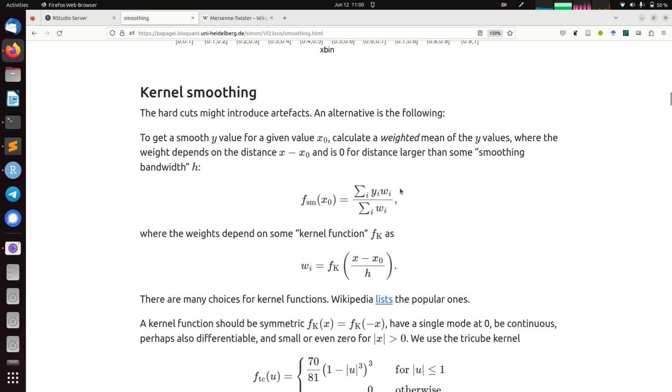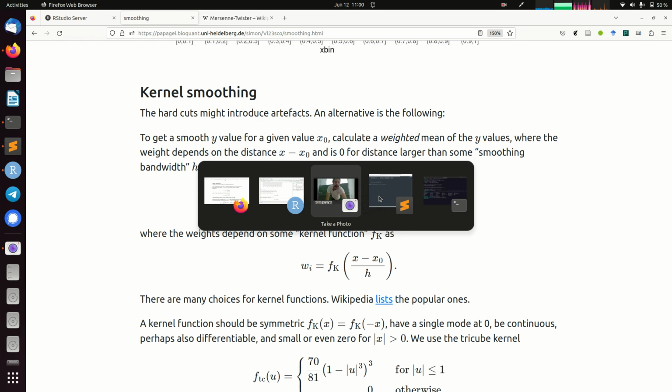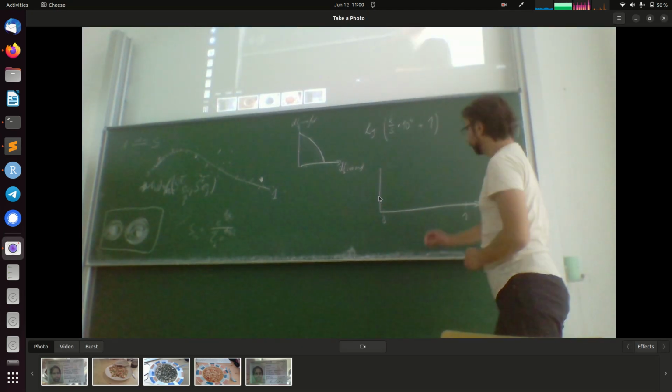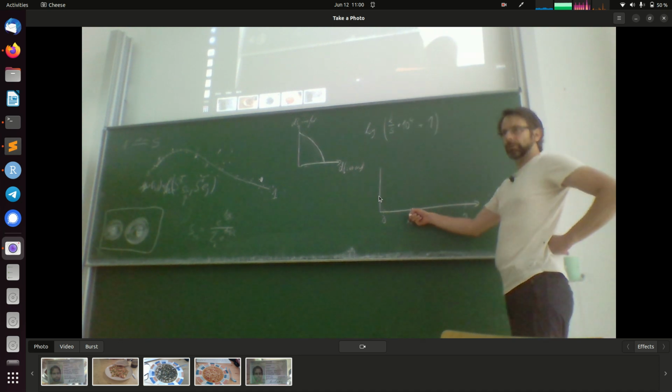Here I've written it slightly more generally. I say my value f naught is a weighted average over all the y values. The trick is now the weight function. This is my pseudo time, or my x value, which goes from 0 to 1. Let's say we request a smoothed estimate at this point x naught.